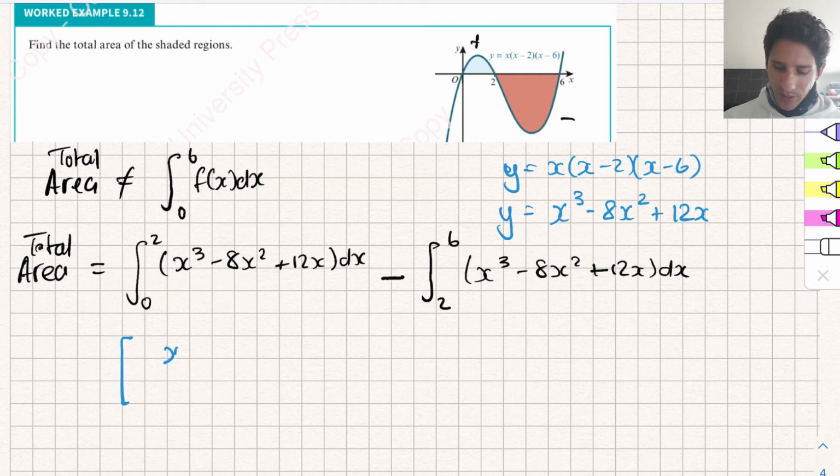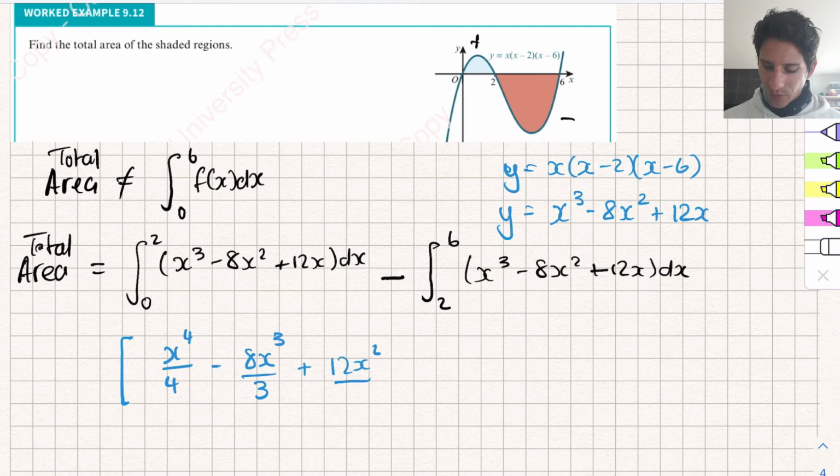I'm going to take x to the power 4 and divide by the new power. And then I have minus 8x raised to the power 3, divided by the new power. And then 12x raised to the power 2, divided by the new power. And this one is between 0 and 2.